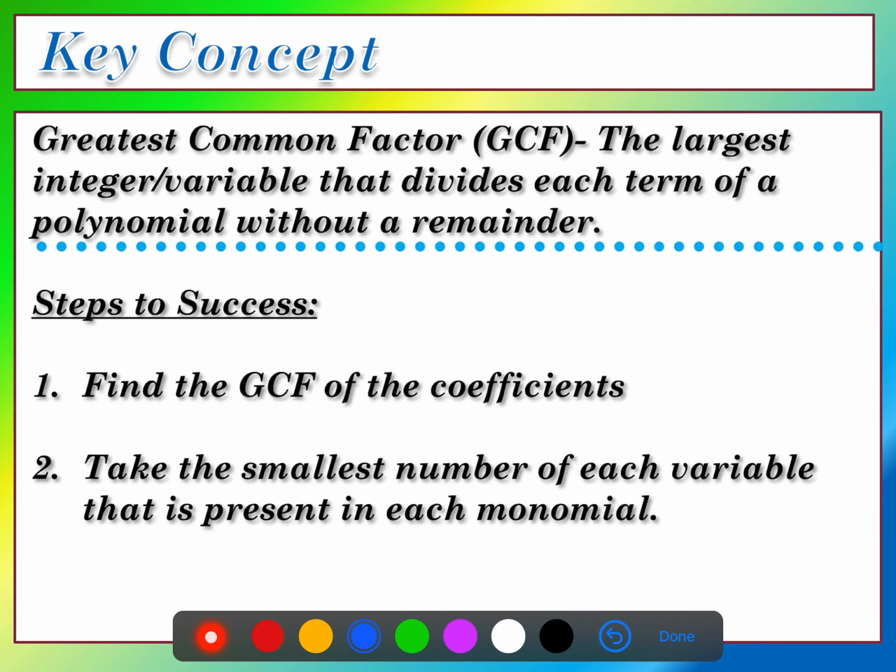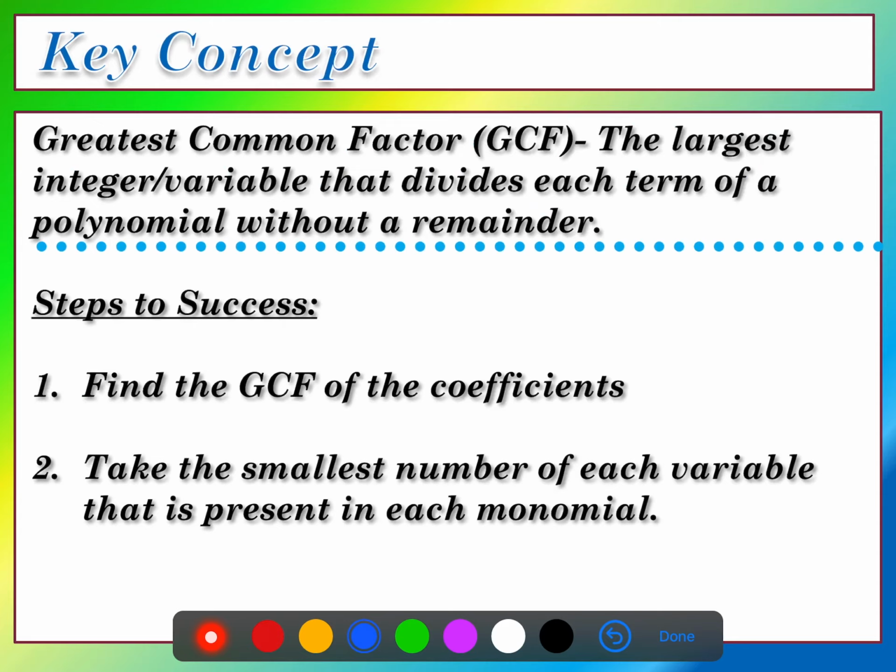So now we know the greatest common factor is the largest integer and or variable combination that divides each term of a polynomial without a remainder. So it means that it goes in evenly. We should at this point know how to find the GCF for a coefficient.